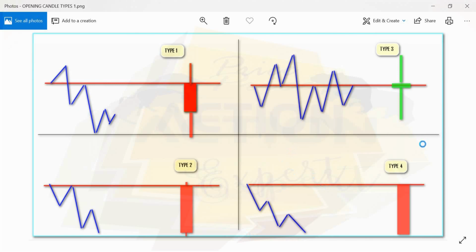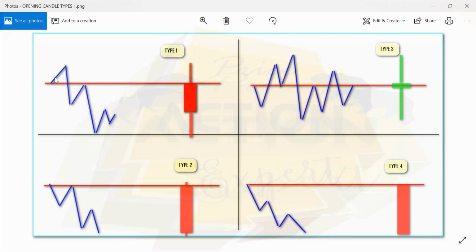I have already posted this in my free video. There are totally 10 candlestick patterns. Private members can access all those 10 patterns, but I will show you only the first 4 patterns just to explain how this works. So this is the opening candle which I have marked.